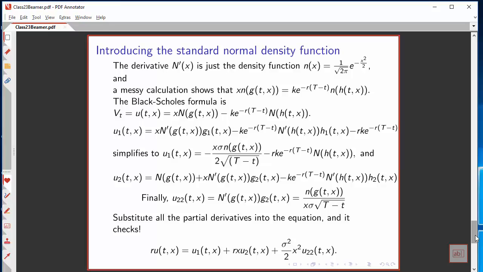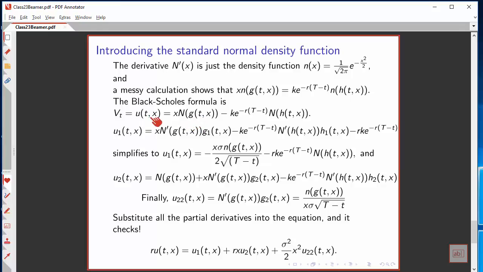The derivative of that normal distribution function is the normal density function for which we have a nice neat formula: 1 over root 2 pi times e to the minus x squared over 2. And a calculation that's so messy that I'm not going to repeat it here shows that there's a simple connection between the normal density function applied to g and the normal density function applied to h.